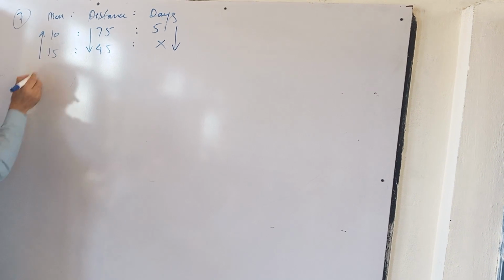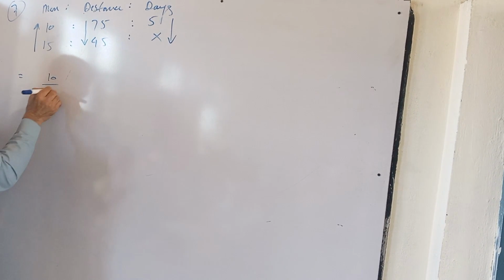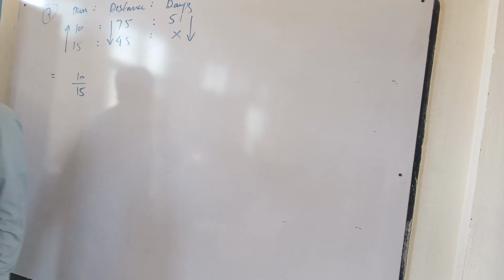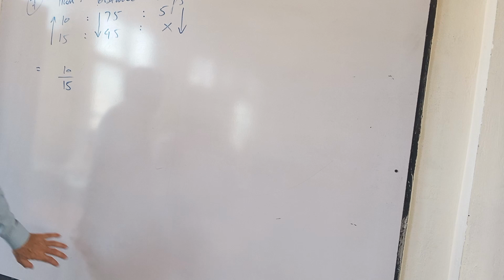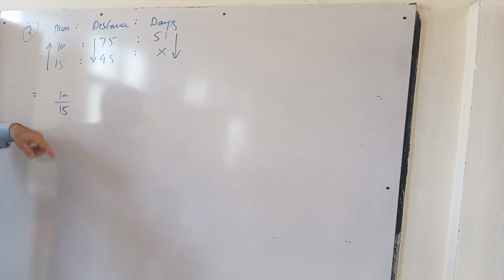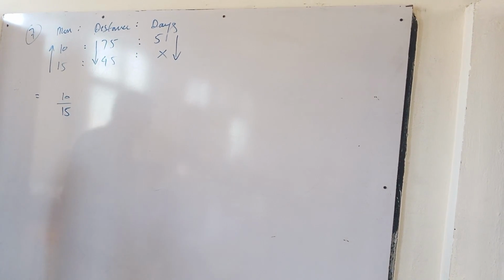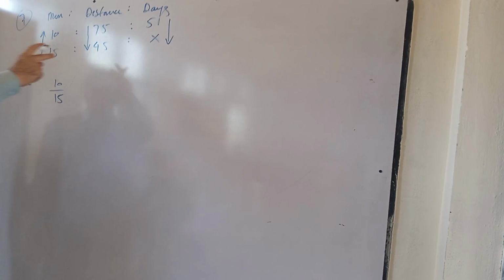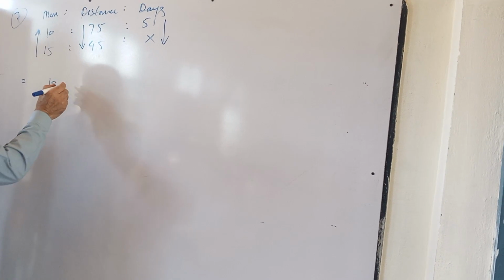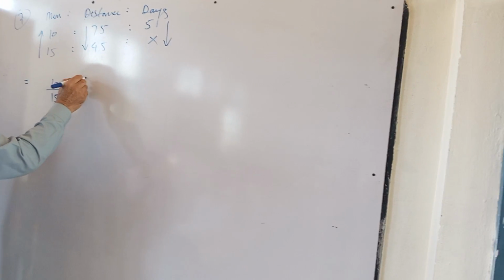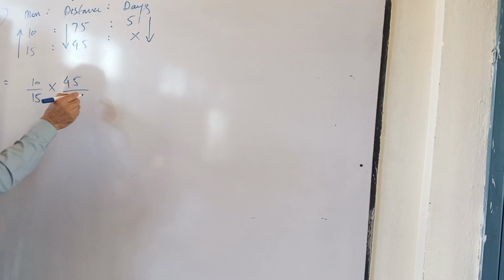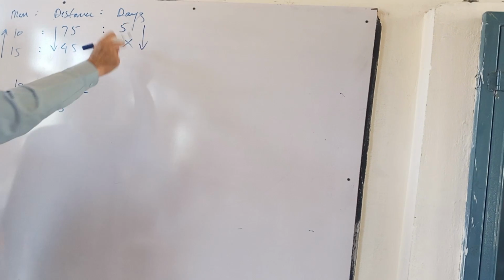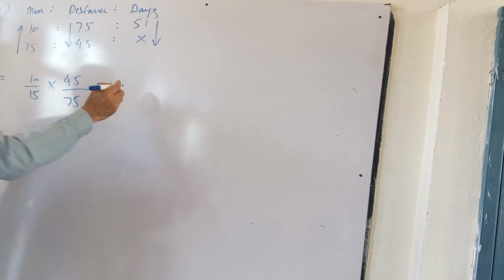So I will write it as 10 over 15 because the arrowhead is here. Now the arrowhead is with 45, so 45 will be written on the upper side of the line. So we will write it as 45 over 75, and it is equal to x over 5, because the arrowhead is with x, so x will be written on the upper side of the line.